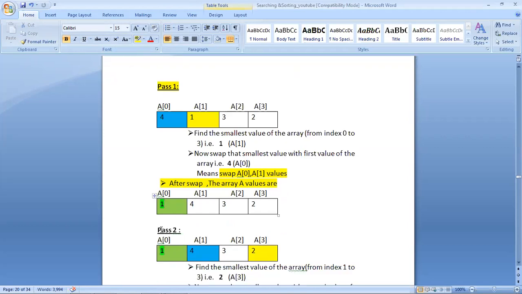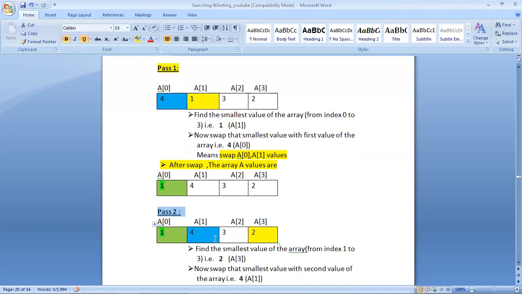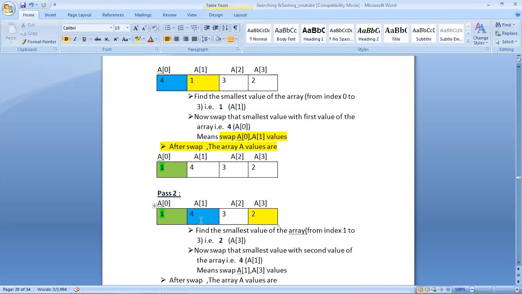Now go to pass 2 or round 2. According to the selection sort procedure, you have to find the second smallest value of the array and then swap that value with the second value of the array. See here, 1, and array values 4, 3, 2. So 1 is already at the correct place.